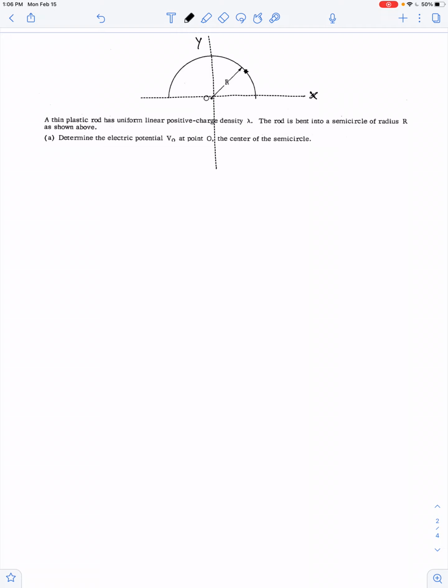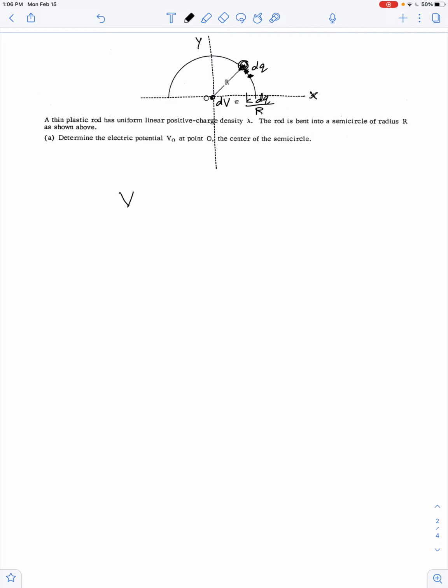And then imagine breaking this total charge up into a bunch of little bits dq. Okay, so let's focus on this one right here. There's a little bit of electric potential at the origin due to that little bit of charge, and this would simply be equal to k dq divided by capital R.